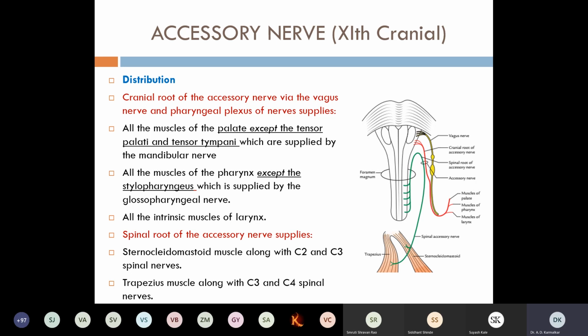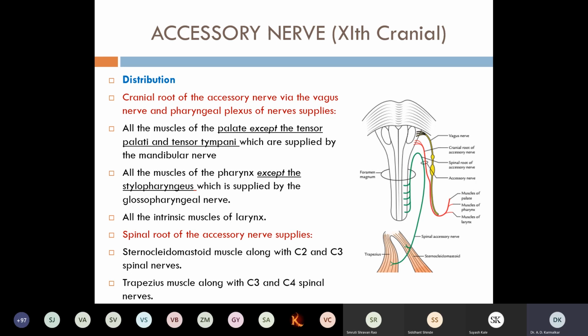All of you underline all these things, because when you come for the soft palate also, we are going to ask this question. So in a single sentence, all muscles of the soft palate are supplied by the accessory nerve through the pharyngeal plexus, except tensor veli palatini and tensor tympani.